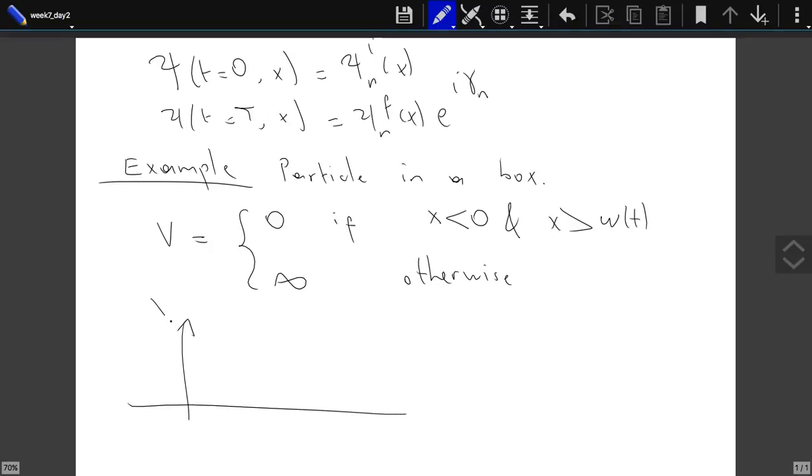This is V of x as a function of x. So there is this infinite wall, and this wall is moving in this direction. So omega of t is, let's say, a plus v t, and that is moving with velocity v.